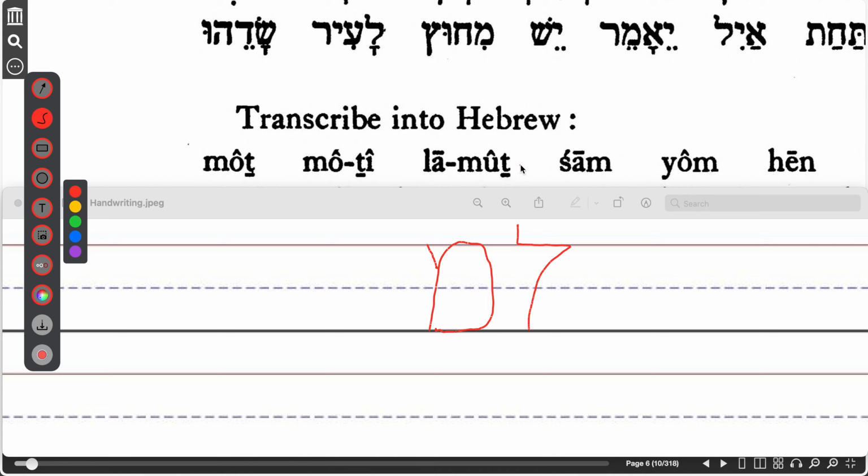The tav. Then I put my vowels in. So there's the long A, there's the kamats.